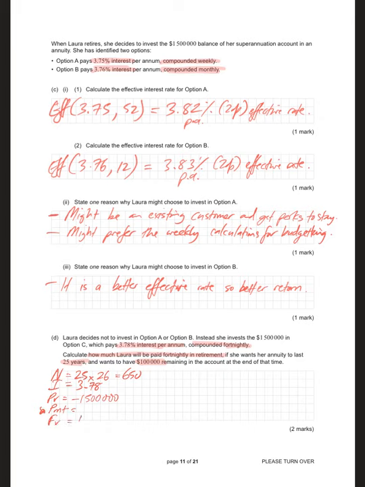She wants to have 100 grand to take out at the end, 100,000 for FV. PY and CY, it's compounded fortnightly and fortnightly payments are both 26. Solve for PMT.